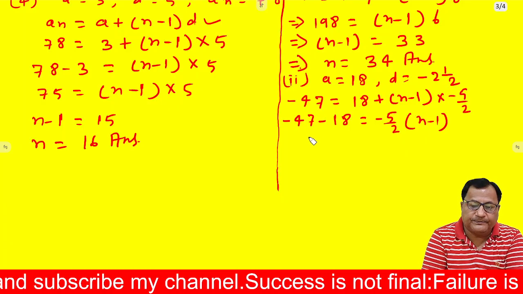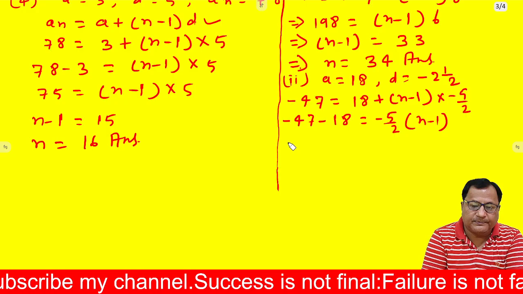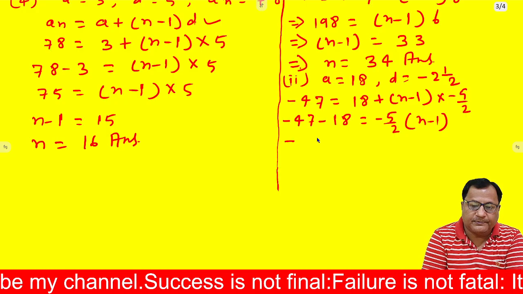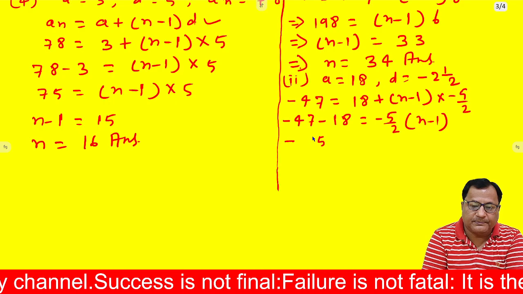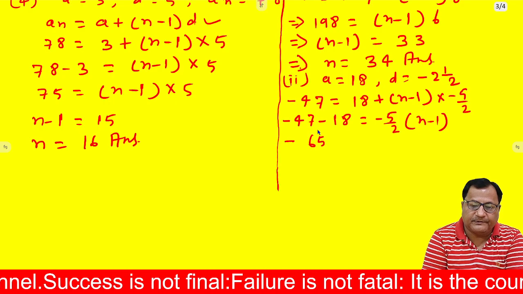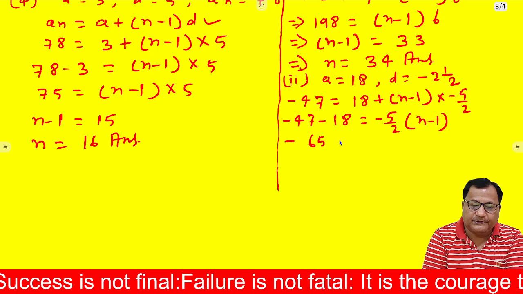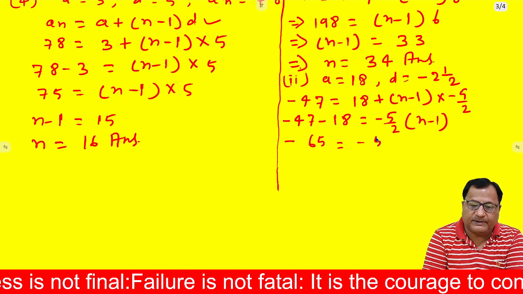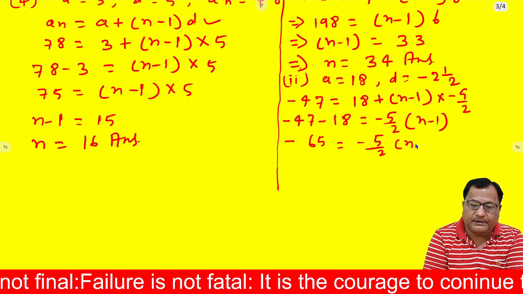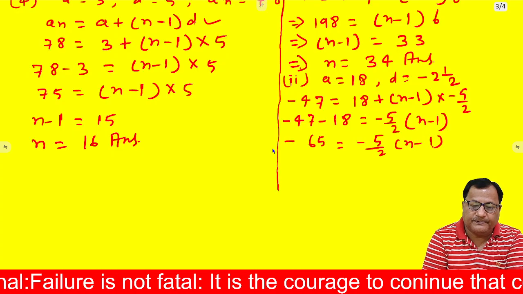We'll add this. 65 is equal to minus 5 by 2 into n minus 1.